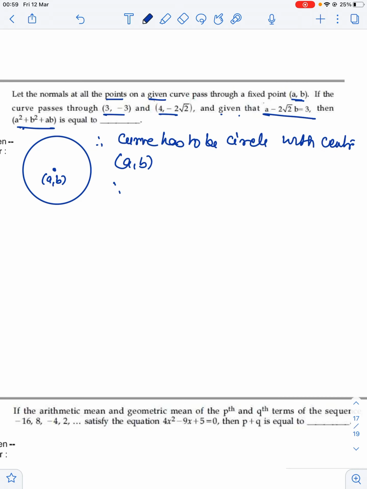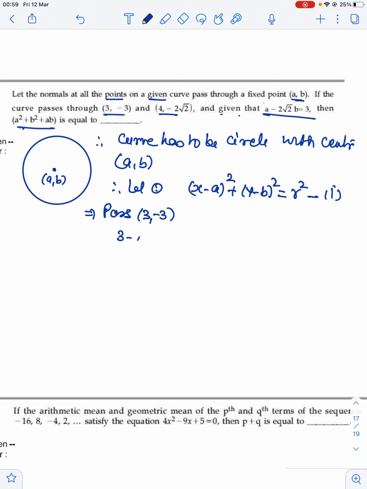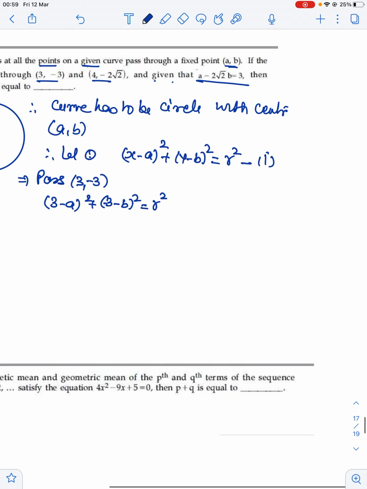Okay, so let the circle be x minus a whole square plus y minus b whole square is equal to r square. The circle passes through 3 comma 3, and it is passing through 3 comma minus 3. So this will be 3 minus a whole square plus 3 minus b whole square is equal to r square.